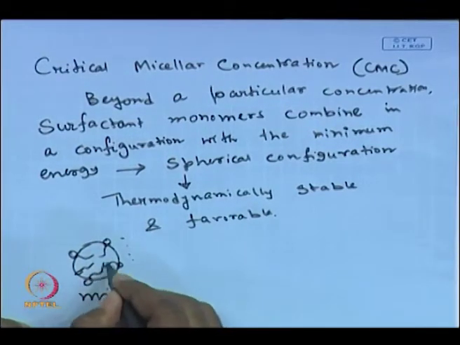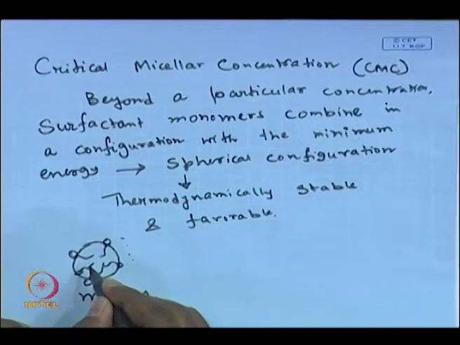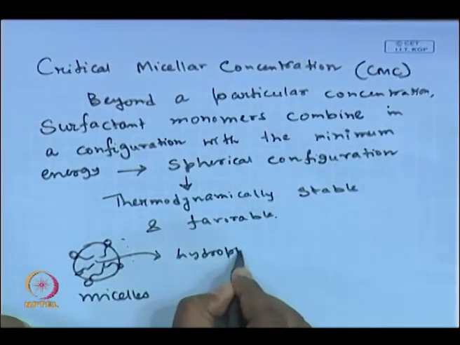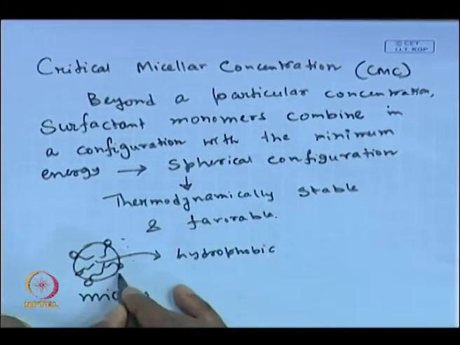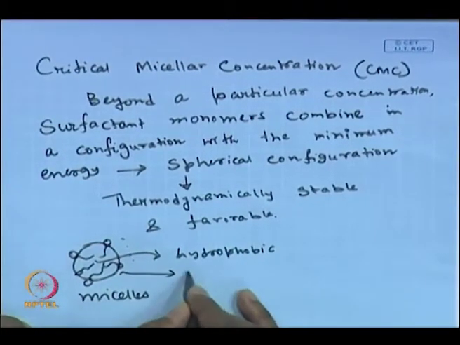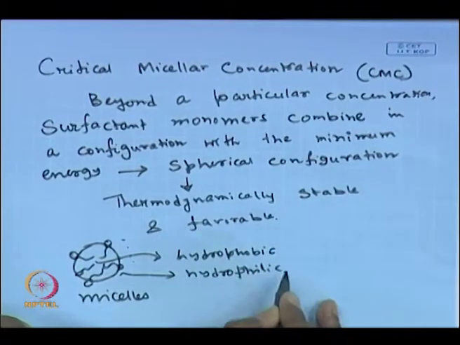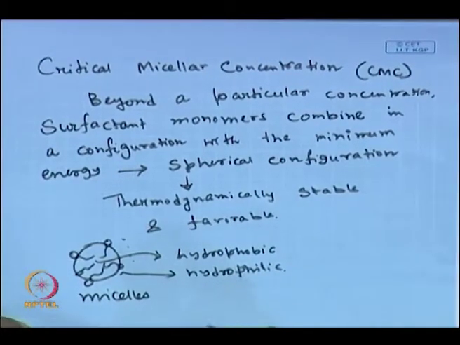So, within the micelle, the environment is hydrophobic, and outside it is hydrophilic. These are called micelles, and this is the definition of a critical micellar concentration: beyond a particular concentration it forms the globules.